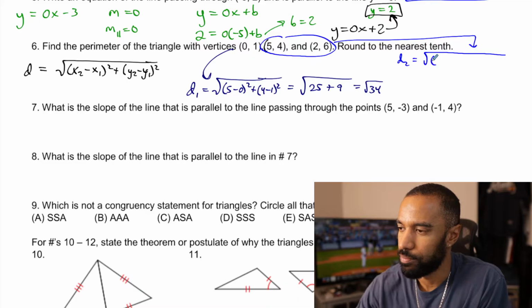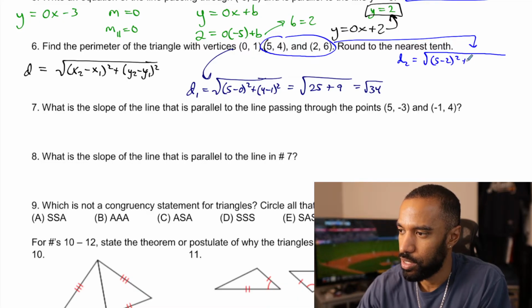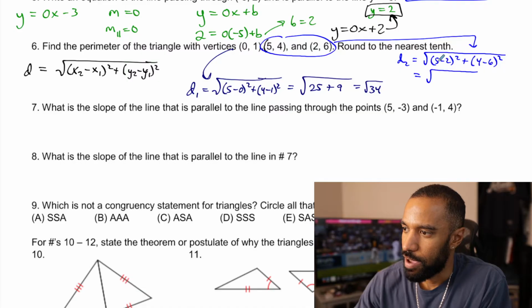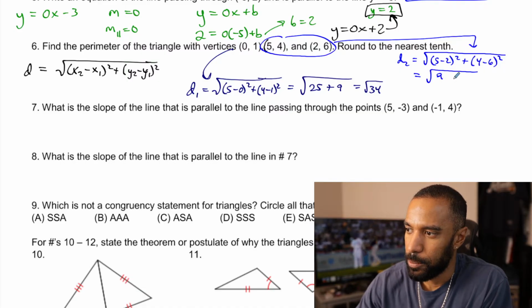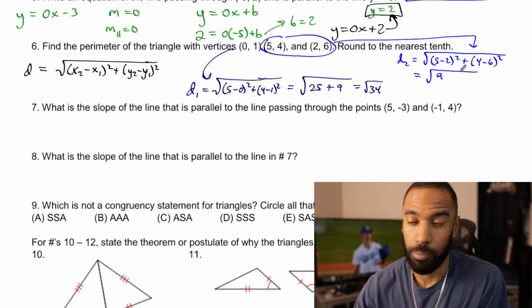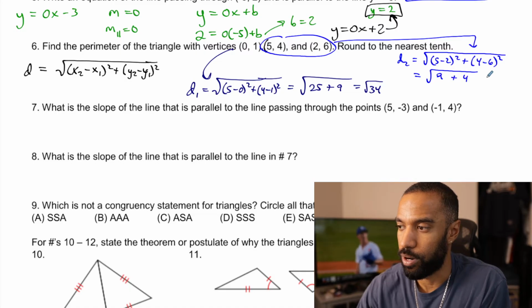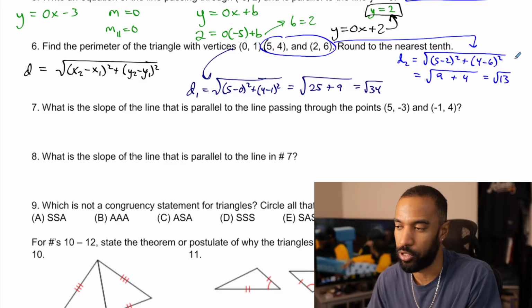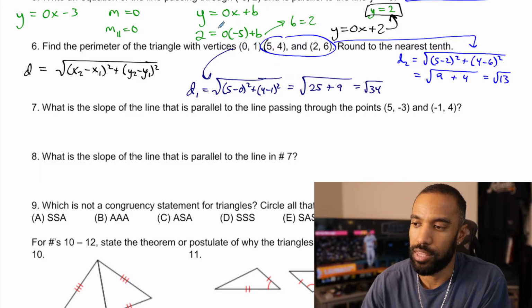The square root of, let's do 5 minus 2 quantity squared plus 4 minus 6 quantity squared. 5 minus 2 is 3. 3 squared is 9. 4 minus 6 is negative 2, but negative 2 squared is still a positive 4. That gives us the square root of 13 right there. And that's another distance, somewhere between 3 and 4, right? Maybe a little more than 3.5. But we'll add them in a bit.